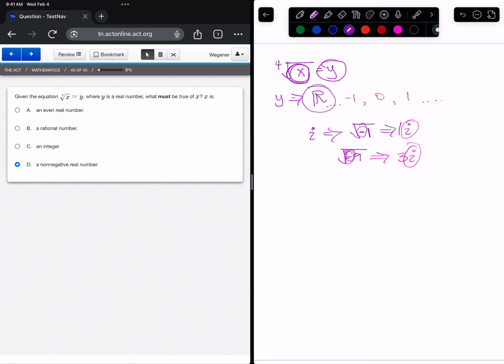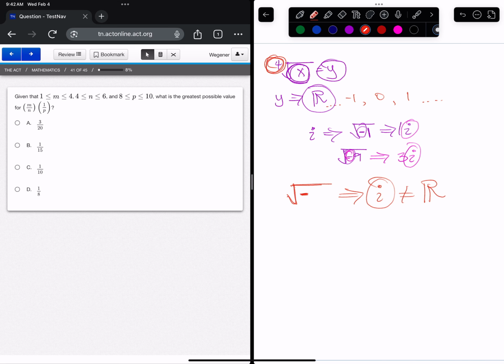In this case, it's a fourth root because we have the number 4 right there, okay? So the answer here is D. If you did have a negative number underneath the radical, you're going to have an i in your answer, okay? Those are imaginary. They're not the same as real numbers, okay?